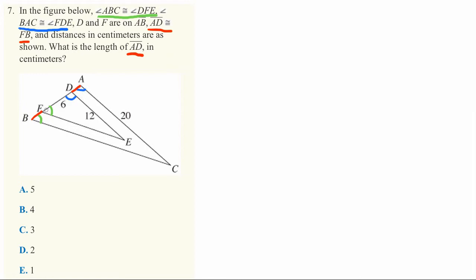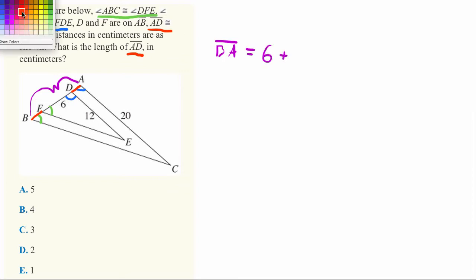All right, so there's two parts to this problem. And the first part is that we can figure out this length from B to A. And if we know the length from B to A, then we can also figure out the length of AD, because that's just equal to this number 6, which is F to D here, plus 2 of these little red line segments.